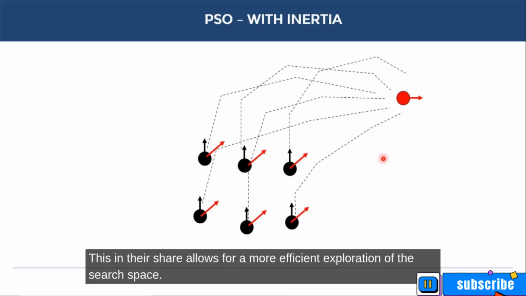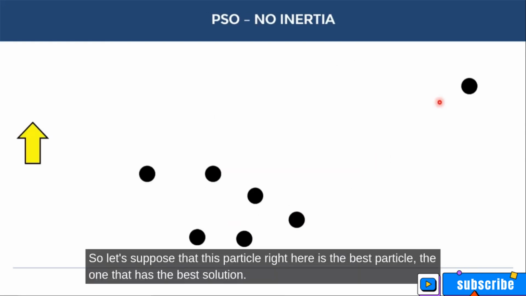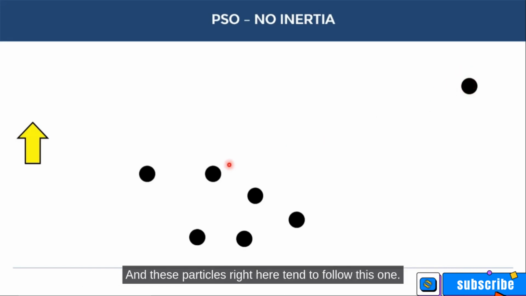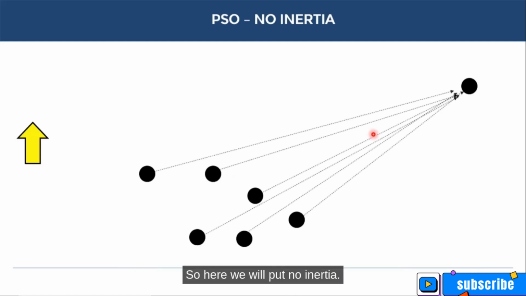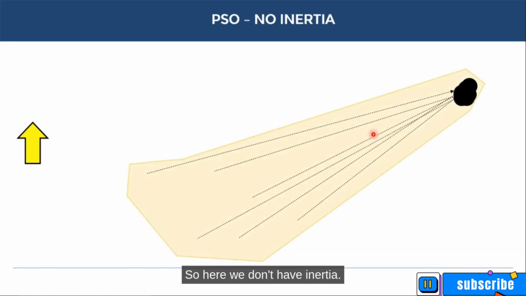This inertia allows for a more efficient exploration of the search space. So here we have no inertia, so let's suppose that this particle right here is the best particle, the one that has the best solution, and these particles right here tend to follow this one. So here we will put no inertia.